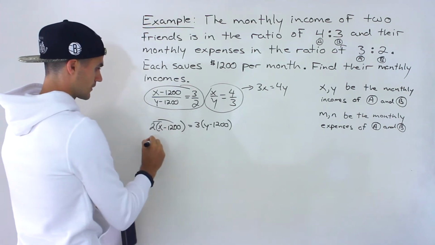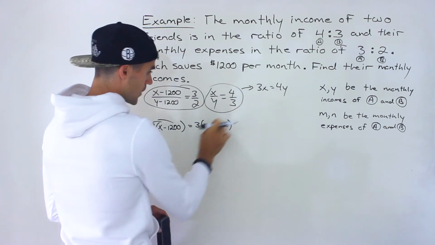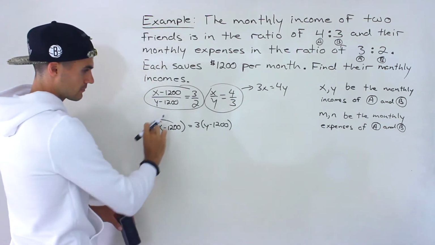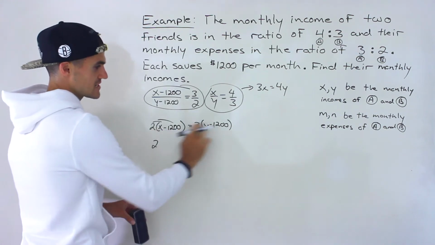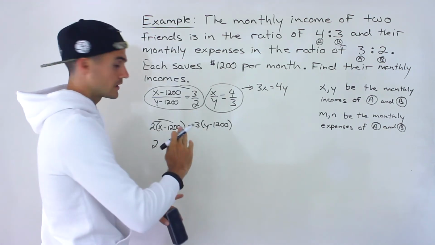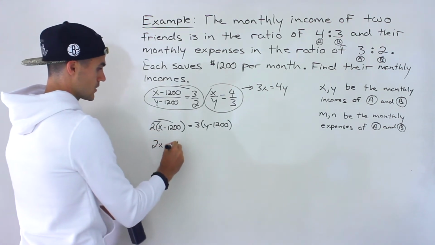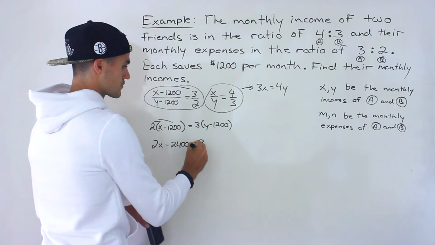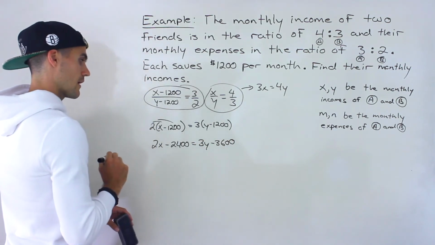So distribute. We can isolate for this x or this y, plug it in here or here. But then we're going to have to distribute and it's going to get a little hectic. I suggest simplifying this first and then plugging in whatever you want. So we'll have 2x minus 2400 here equals 3y minus 3600, like that.